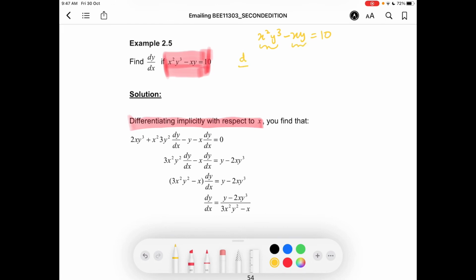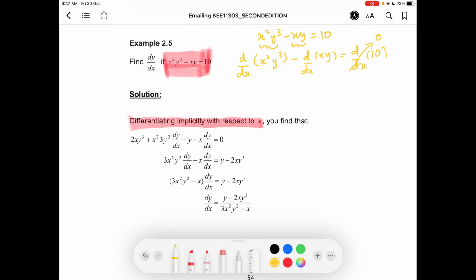So we can write it down like this: d over dx of x squared y cubed minus d over dx of xy equals d over dx of 10. We know that the derivative of the constant is 0, so we just need to focus on these two terms, x squared y cubed and xy.